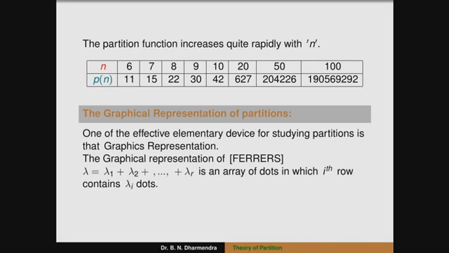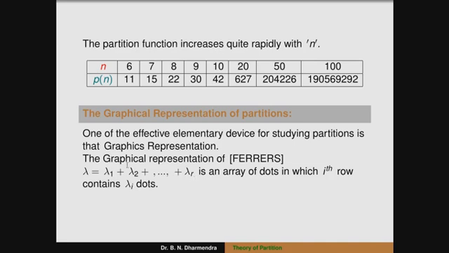In terms of rows, we have to write like this. Lambda 1 is the highest term, lambda 2 is the next one, likewise a non-increasing sequence, and the last term is lambda r.